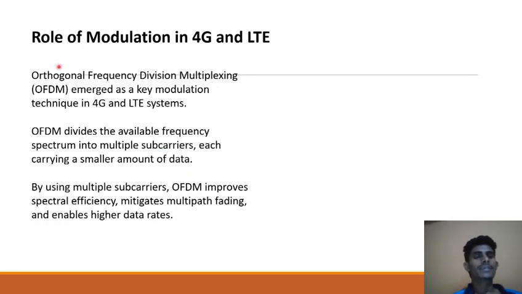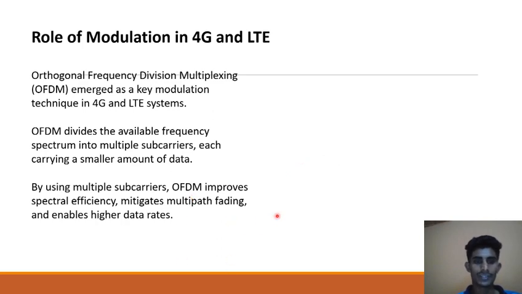Next, we will study the roles of modulation in 4G and LTE. LTE is long-term evolution. In the 4G era, long-term evolution is the fourth generation wireless standard that provides increased network capacity and speed for cell phones, laptops and other cellular devices compared to 3G technology.